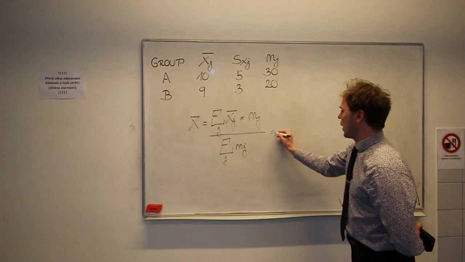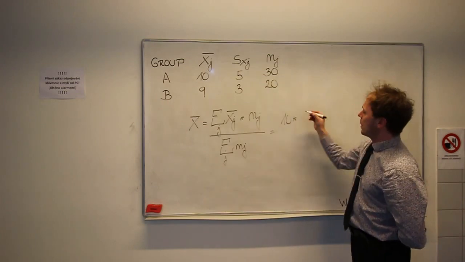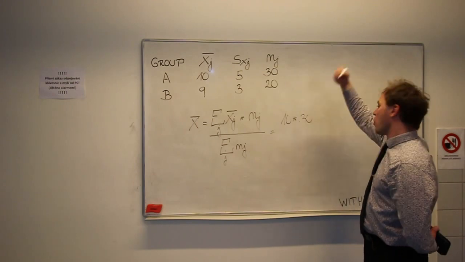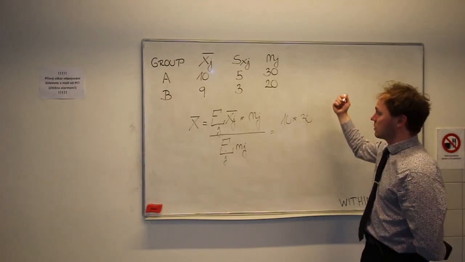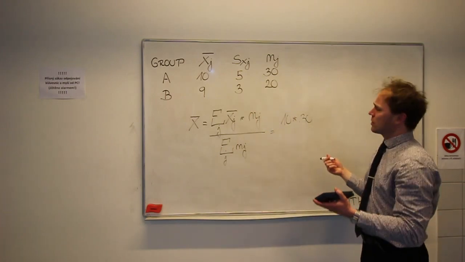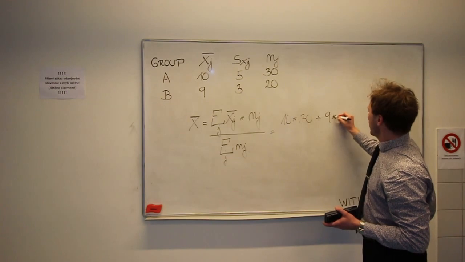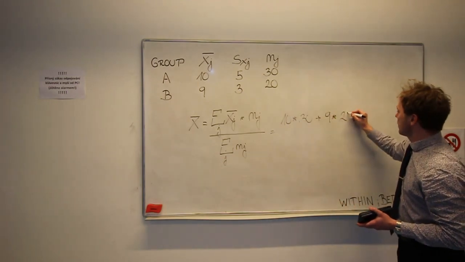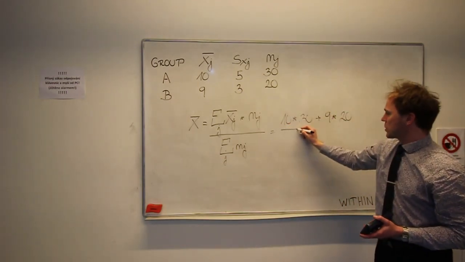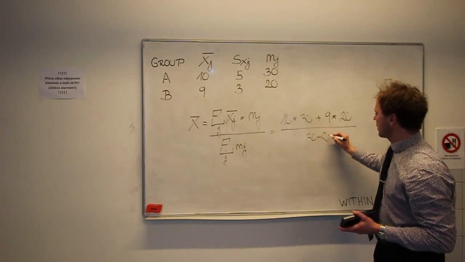So if we calculate this, 10 weighted by 30 boys or cars, group A and group B, plus 9 weighted by 20, and this will be divided by 30 plus 20.